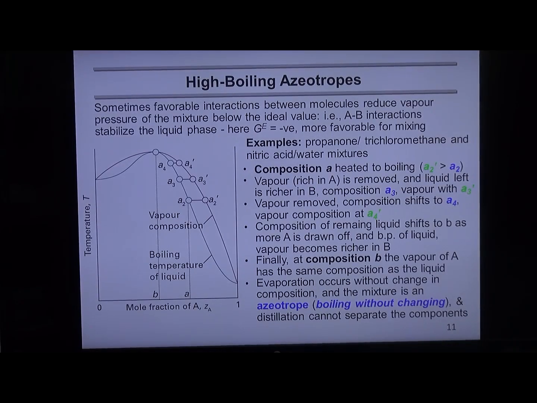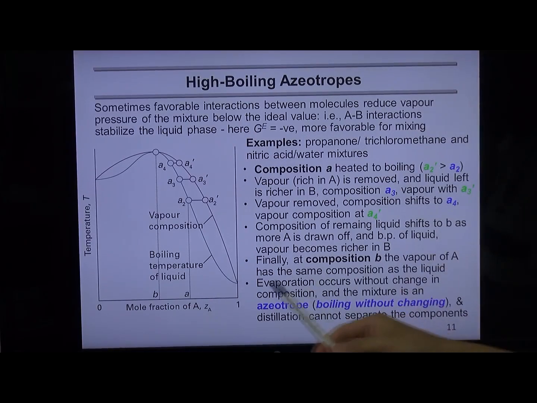It's a bit different from the previous one, right? Let's see what would happen if you do a similar distillation process.